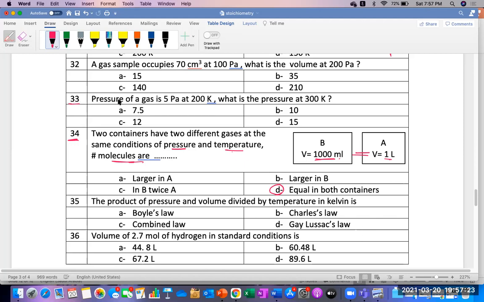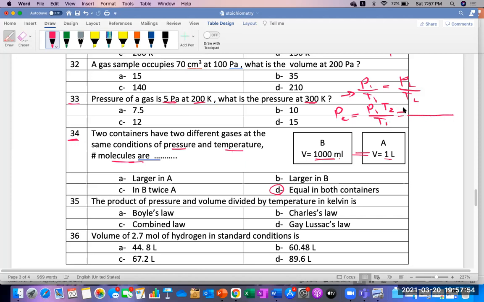Okay, 33. The pressure of a gas is 5 Pascal at 200 Kelvin. What is the pressure at 300 Kelvin? Again, this one will be Gay-Lussac's law, so it will be P1 over T1 equal to P2 over T2. Now we need to calculate the pressure P2, so P2 will be equal to P1 times T2 over T1.